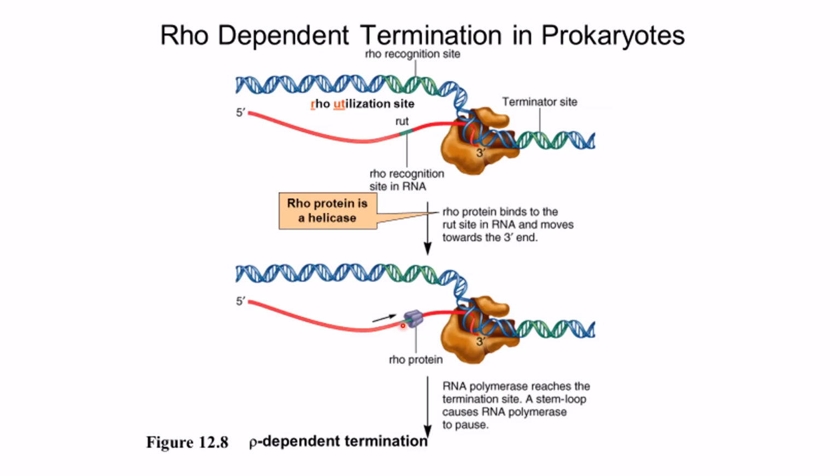When it is moving through this RNA molecule towards the RNA polymerase, the mRNA that is present within this particular section will undergo formation of a secondary structure which is called a stem and loop shaped structure. Now we know that the stem and loop shaped structures are formed only when there is complementarity of certain bases within this section.